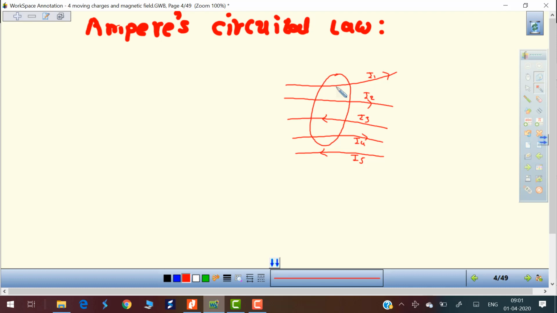So these are the 3 points you have to keep in mind while drawing this loop. It is called Ampere's loop. Number 1, at each point the magnetic field is constant. Second, it may be perpendicular at each point. And third one is zero.